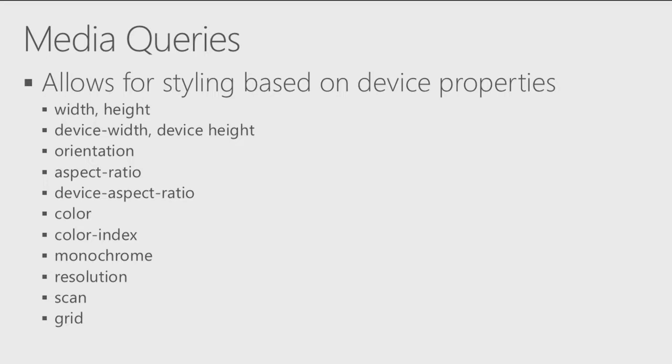That's got to be a first consideration, not let's make it work on the desktop and then figure out what we're going to do later. So if we want to be mobile first, one of the primary things we're going to do to make that happen is to utilize media queries, which will allow us to ask the device questions about what it supports and then respond by styling our page so that it looks great on that device.